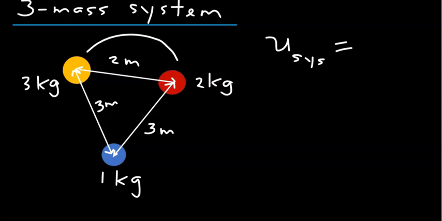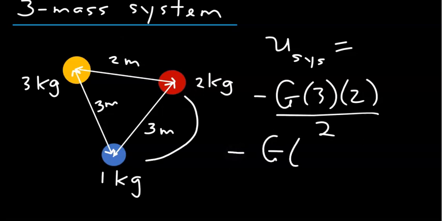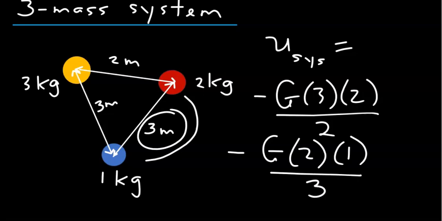So that contribution will give you minus G. The product of the two masses is 3 times 2. The separation between them is 2 meters. The next pair is the 2 kg and 1 kg masses, and that's going to be minus G. The product of the two masses is 2 and 1. The separation between them is now 3 meters, so divide by 3.